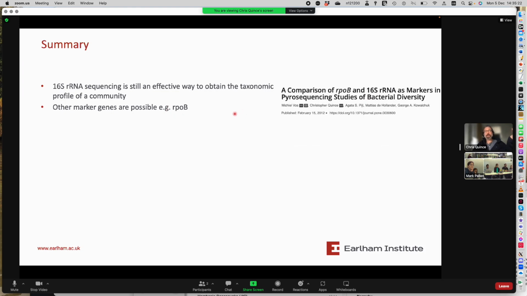And one we published a paper on was rpoB, right? They do have advantages over the 16S in that you don't have the issues with confounding copy numbers. So you choose a marker gene that is single copy. So all this profiling is strictly reference-based from metagenomics data. OTUs is a non-reference based method for 16S.